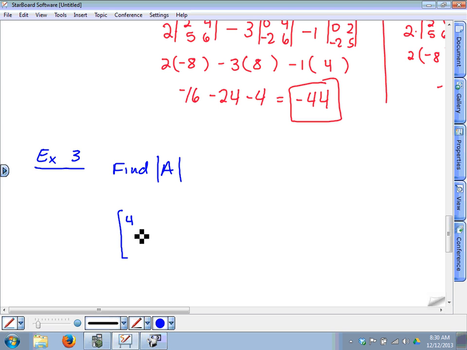Here's your matrix: 4, -2, 4, 1, -1, 0, 0, 1, 3.